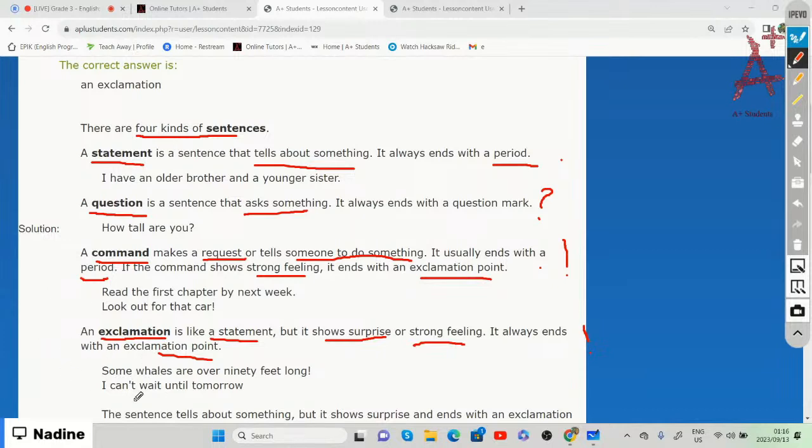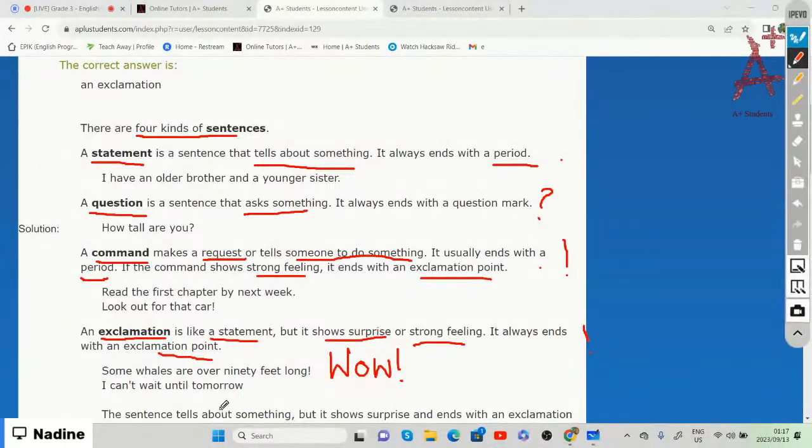An example of an exclamation sentence: Some whales are over 90 feet long. This shows that you are surprised. Sometimes even if you just say wow, it has an exclamation point.